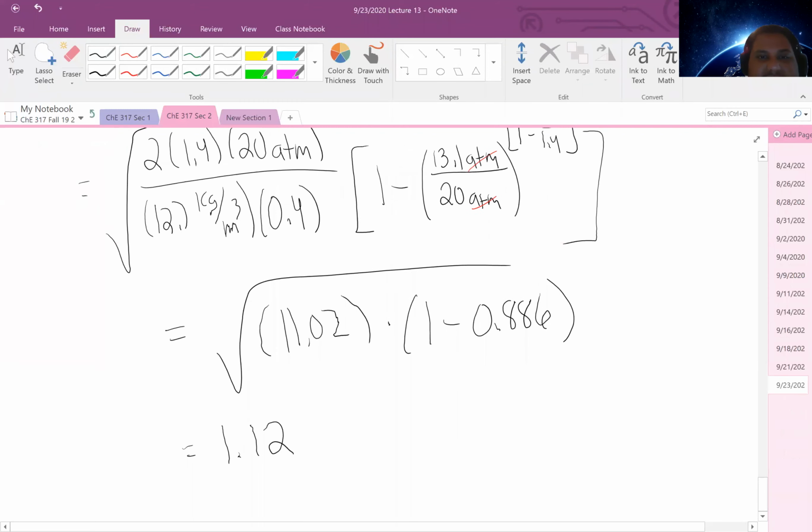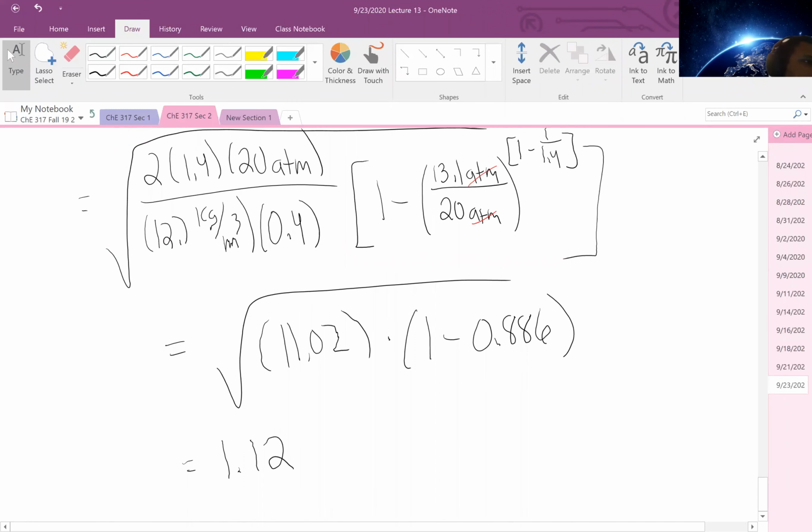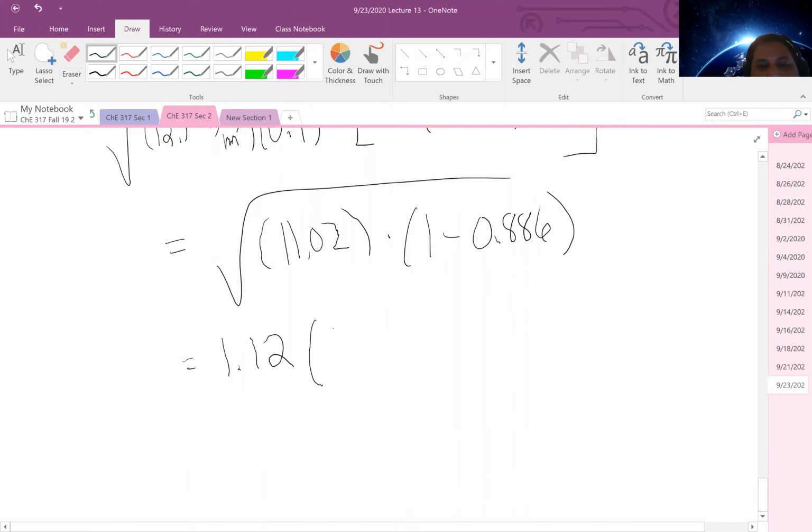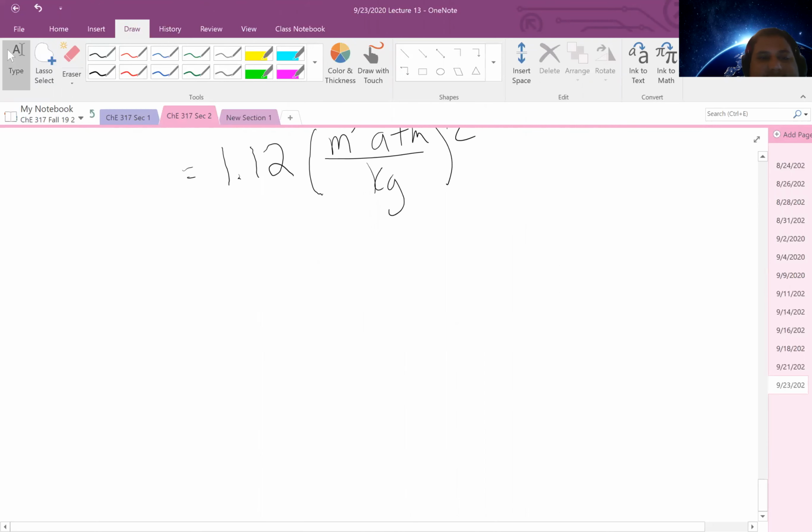And this is going to give me units of something that's really ugly. I'm seeing cubic meters, atmospheres per kilogram to the 1/2. So there is a way to convert out of this.